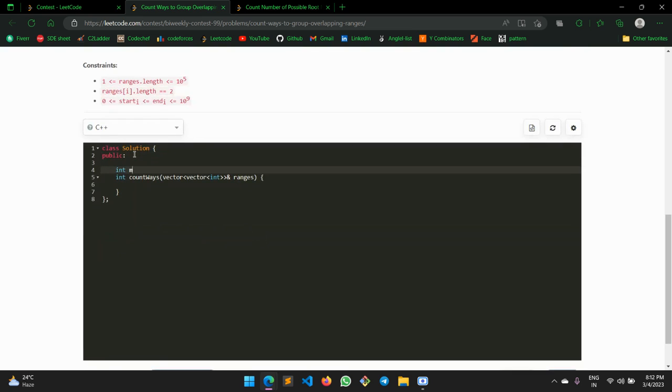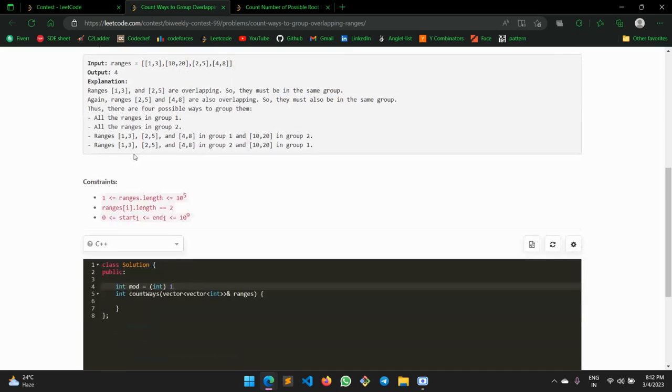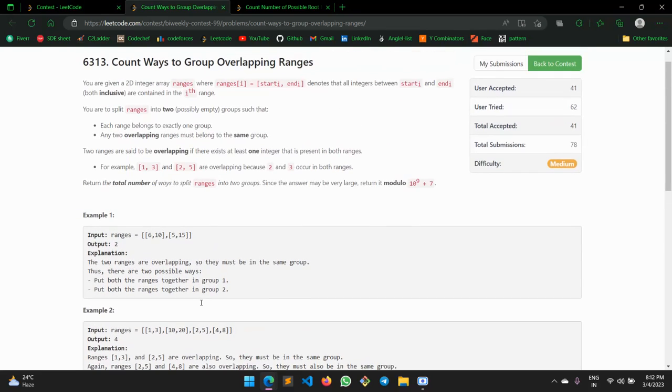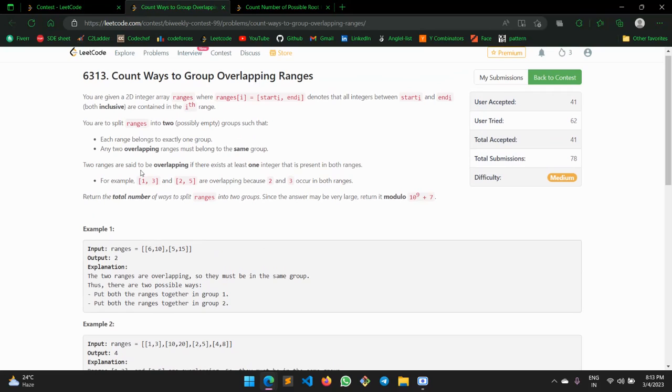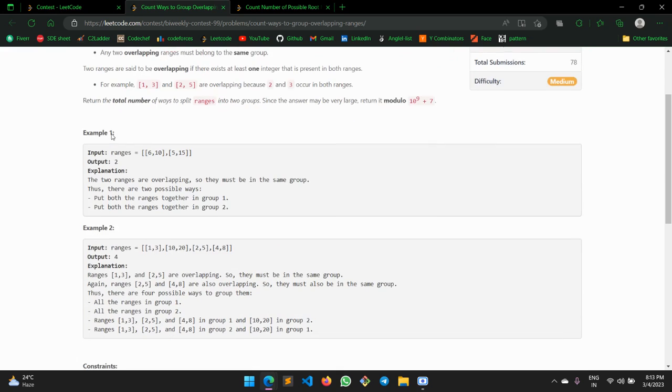Think about this problem. We have to return the number of ways in which we can divide the ranges into two groups so that they're non-overlapping.